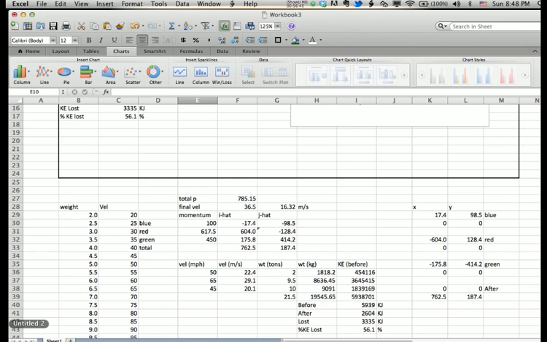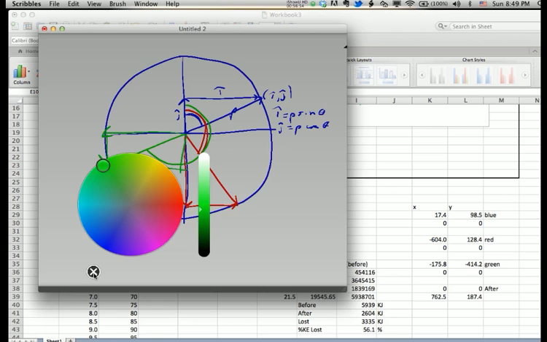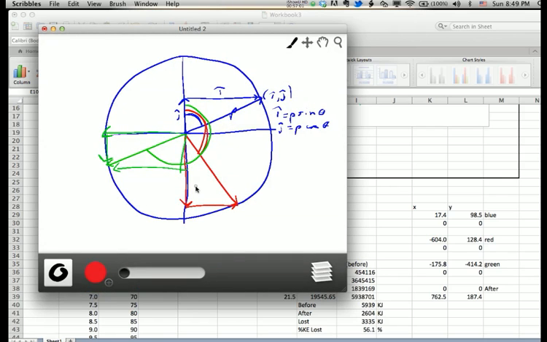Let's see if I bring this back up here. Let's look at the red one here. For the red car, I have an i hat right here and a j hat right here. Let's say that this was the final momentum. I have an i hat and a j hat for that final momentum.